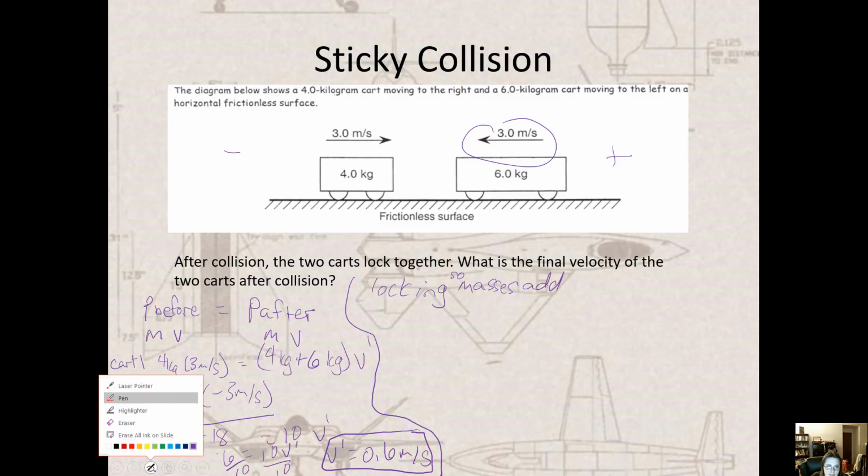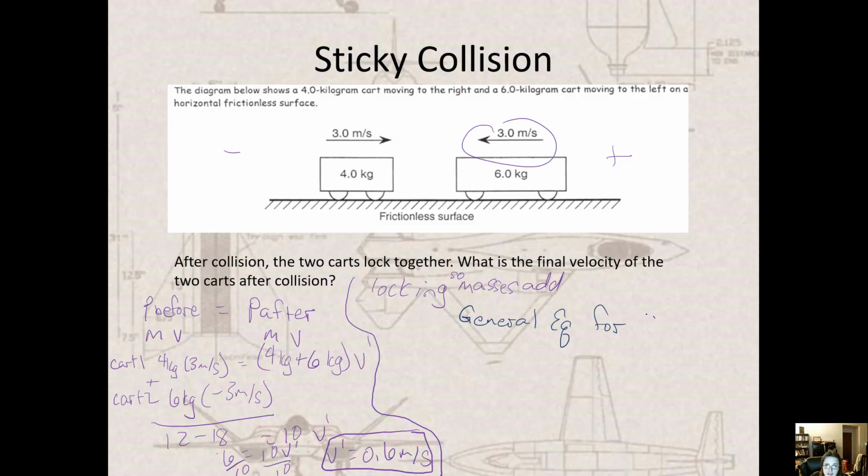Now, from the table, we can get a general equation. So the general equation for a sticky collision is going to be M1 V1 plus M2 V2 is equal to M1 plus M2 times that V prime.